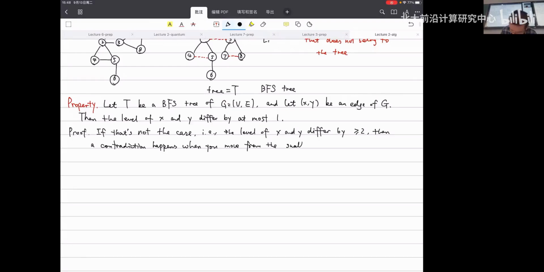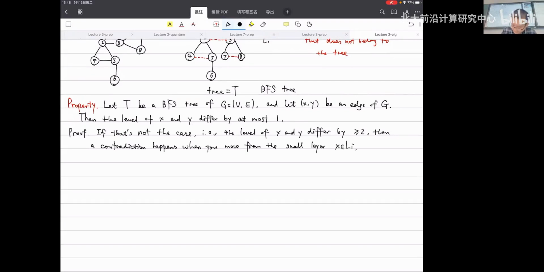Let's say that X belongs to Li. Because if they differ by at least 2, but after all you should have the case that Y belongs to Li plus 1, or maybe Li.